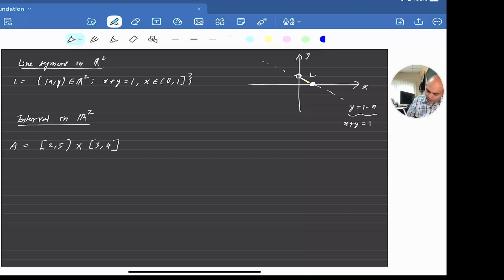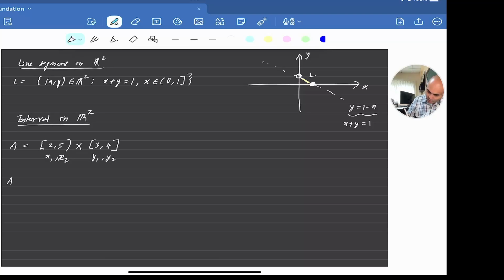So in this notation, what we have is an interval on the x-axis given by two points x1, x2, and intervals on the y-axis with y1, y2.